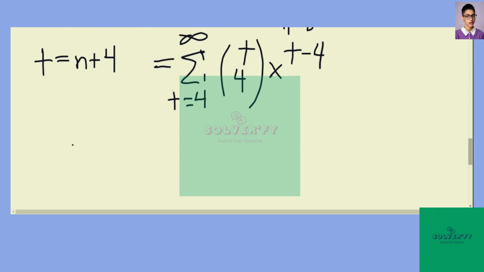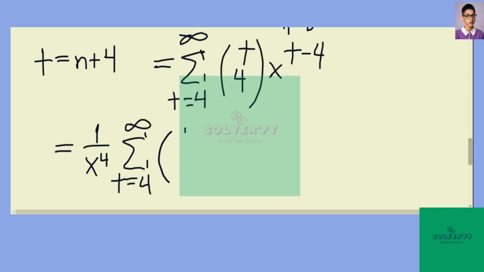And so this is equal to 1 over x to the 4th times the sum from t equals 4 to infinity of t choose 4, x to the t.